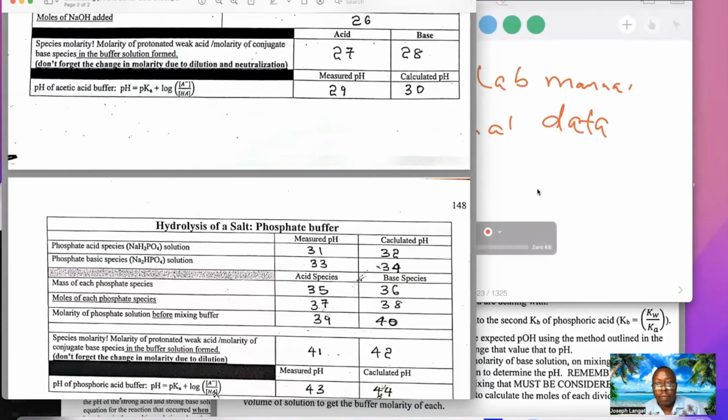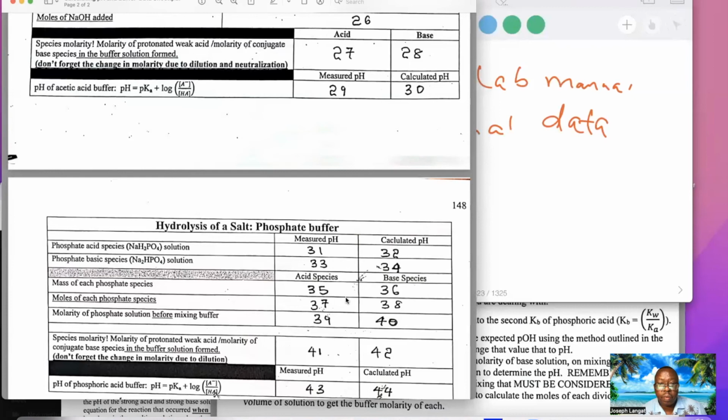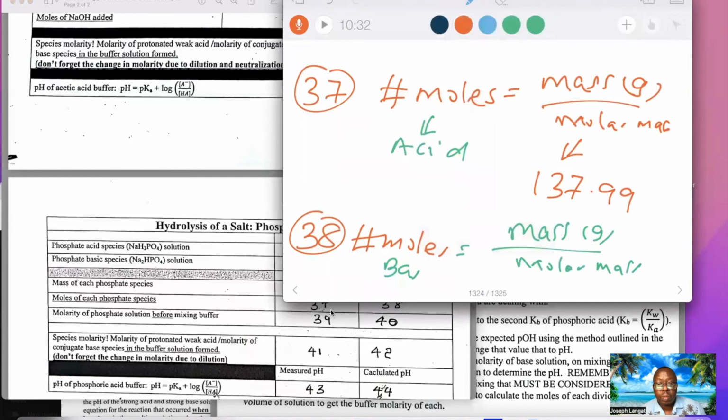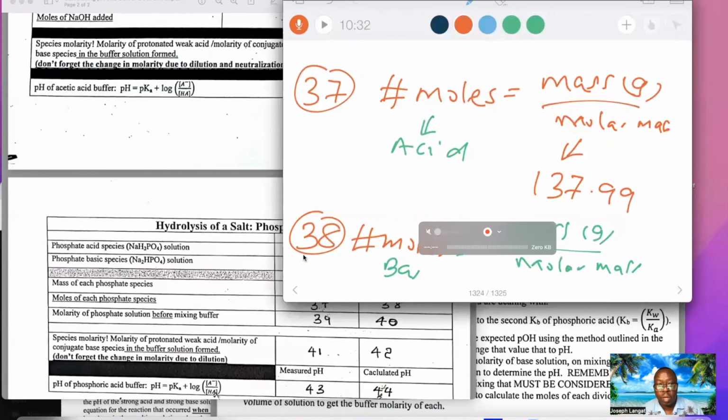You measured that, 35. Mass of each one of them, 36. Moles, 37. If you look at the moles of this and that, you need to look at that.